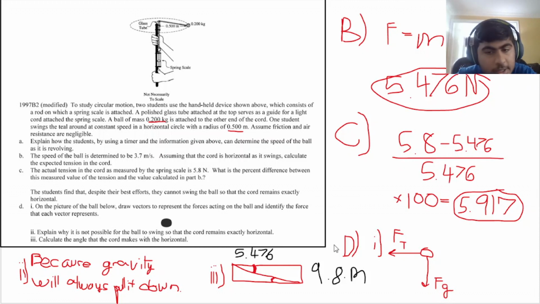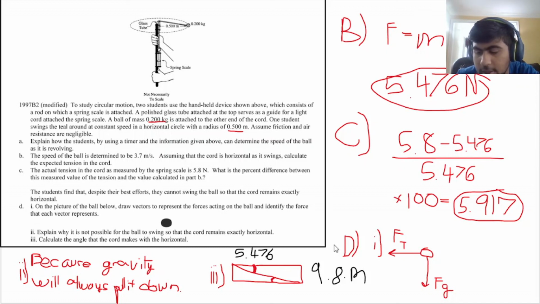And now, of course, we can just calculate this with a simple inverse trigonometric function. The sine of that angle would be 1.96 over the hypotenuse, so let's not use that. Let's use the tangent. The tangent of that angle would be 1.96 over 5.476.